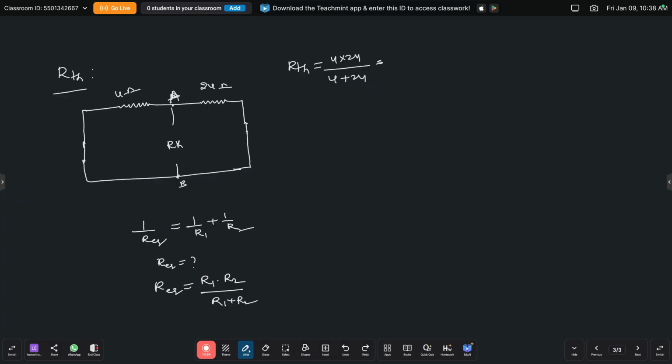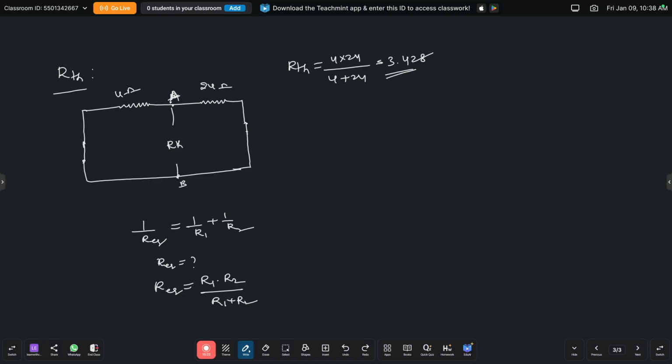What is the value of 4 into 24 by 4 plus 24? By using the calculator, its value is 3.428. So Rthevenin is equal to 3.428. This is the step where we found the Rthevenin.